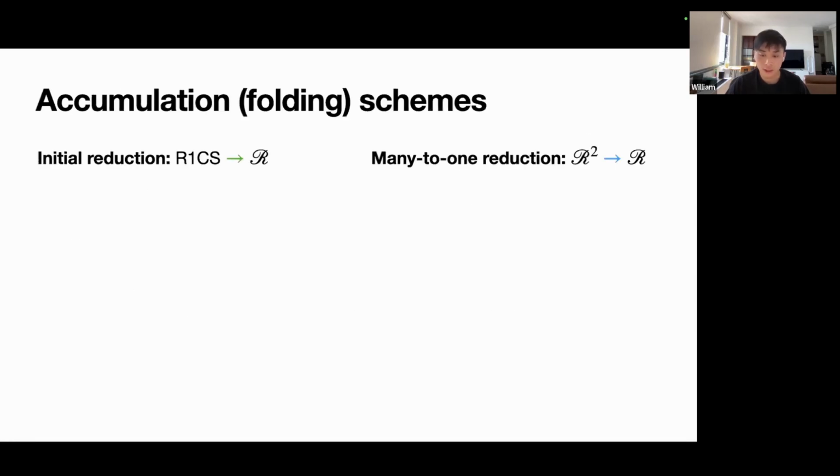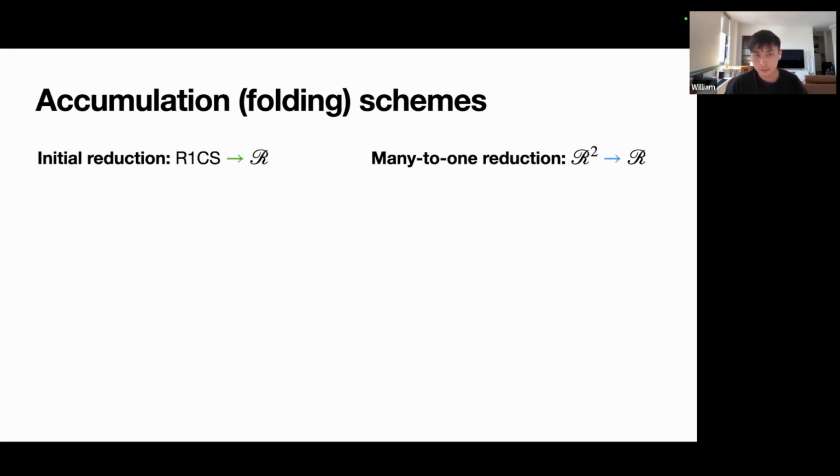So what is an accumulation scheme? I think it's helpful to view it as a pair of reductions. You have an initial reduction, which takes your relation of interest, let's say your favorite NP-complete relation like R1CS, and converts it into a statement for a central relation, which I've called R here.